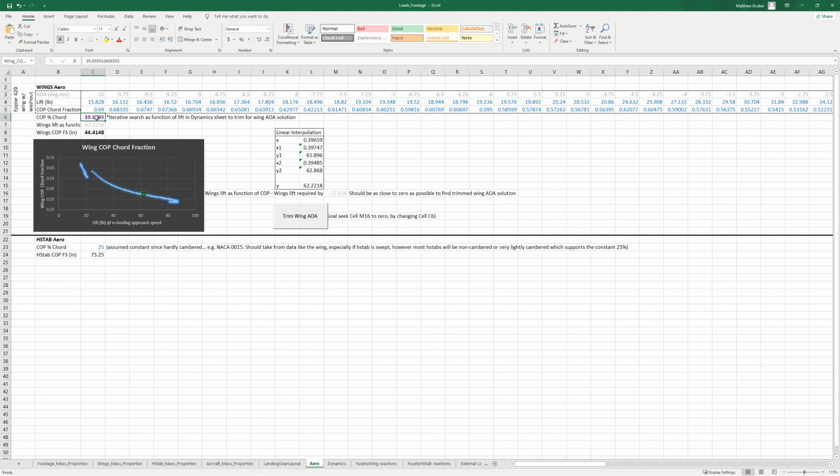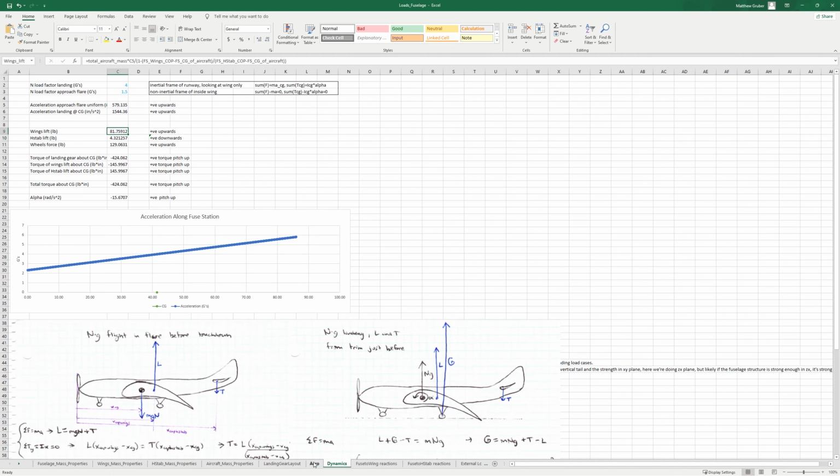So we could go in here and say, okay, what if we're actually at 35, and that moved it up to here at 81 pounds. So we're getting closer to this number here.